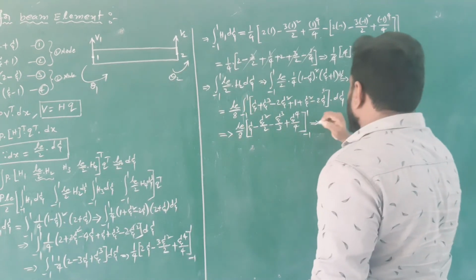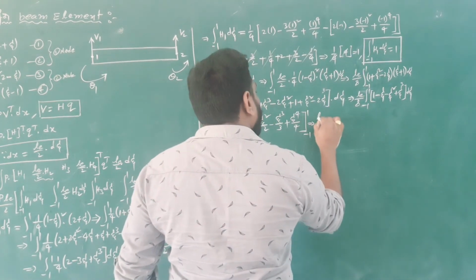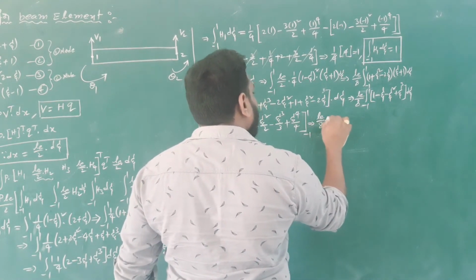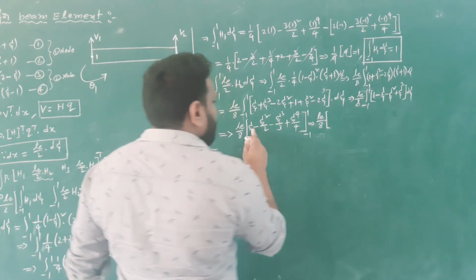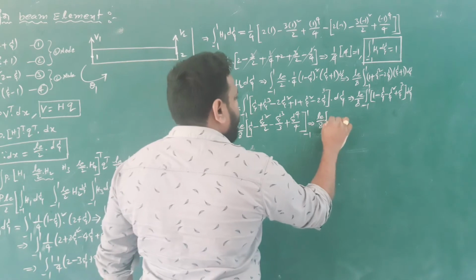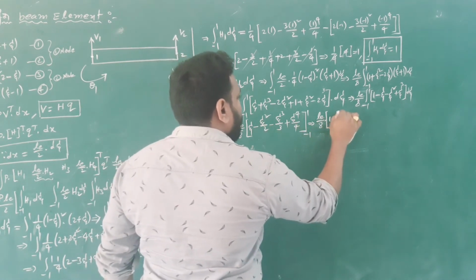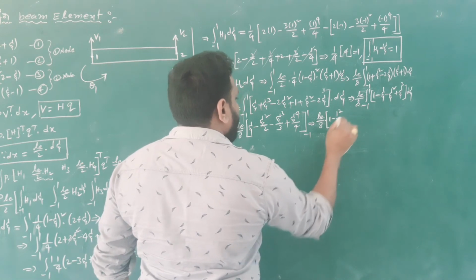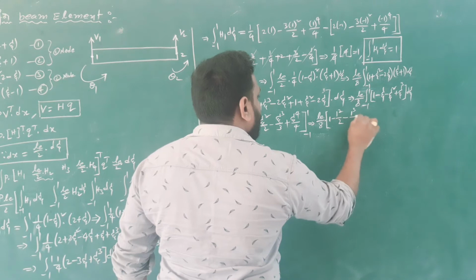First we have to apply the upper limit and then the lower limit. LE by 8 is a constant parameter, into the upper limit. Here j is there, that is 1. Next minus, here j is also there, that is 1 square by 2. Next minus, here j cube, that is 1 cube by 3.